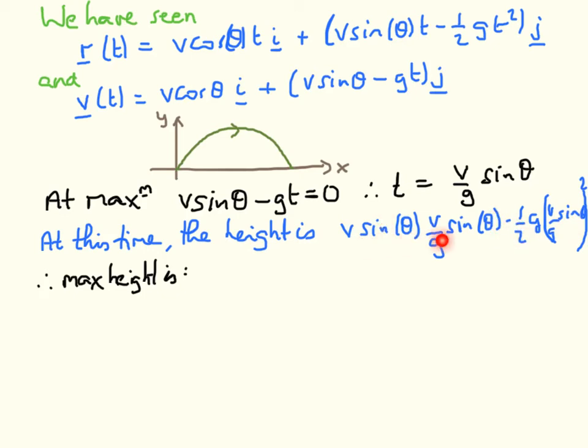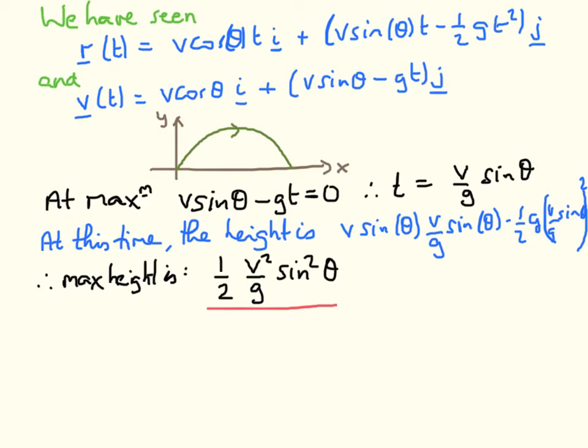So these two terms are essentially the same, but this is one of this factor, minus a half, so we're left overall with plus a half, so it is a half v squared over g sine squared theta. So that is the maximum height achieved by the particle.